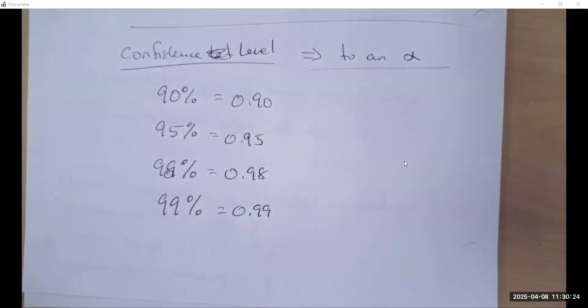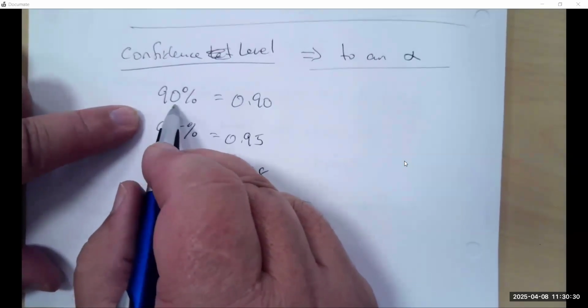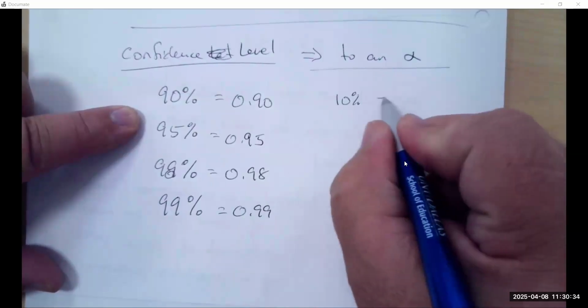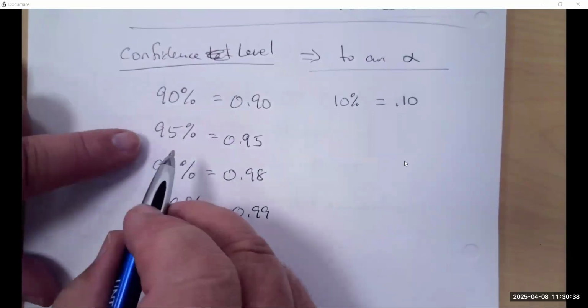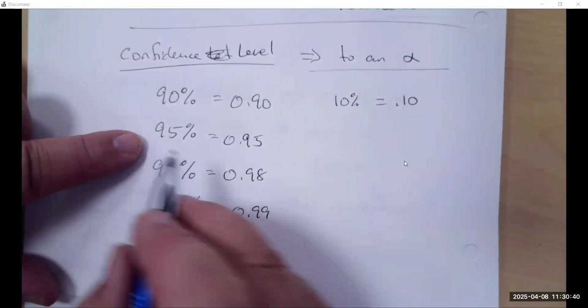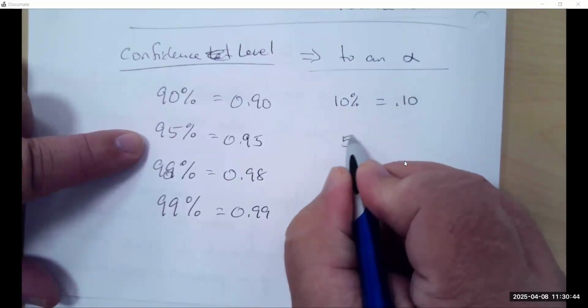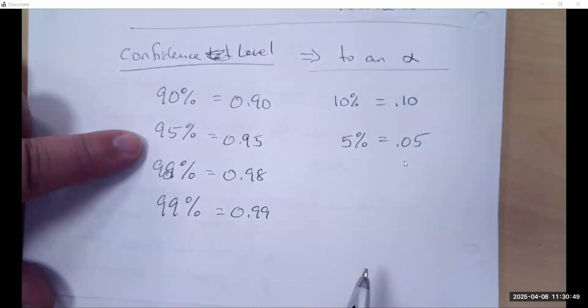If my confidence level is 90%, my alpha is 10% or 0.10. If my confidence level is 95%, what's my alpha? 5% or 0.05.